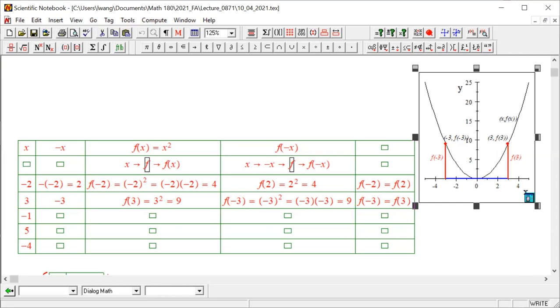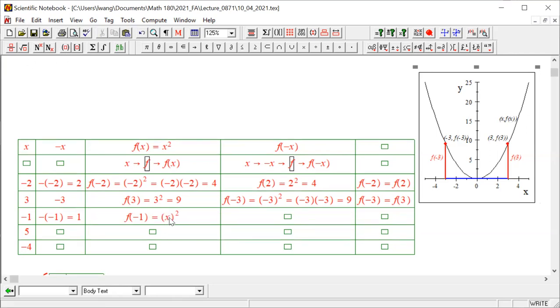Okay, so without further ado, have you guys finished for -1, right? So this is going to be negative of -1. Now I'm behind you, right? So f of x, x equals -1. Are you guys doing well with this?